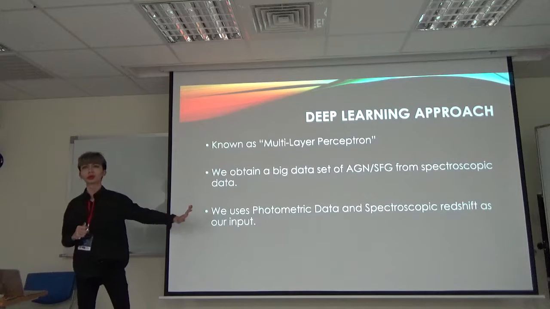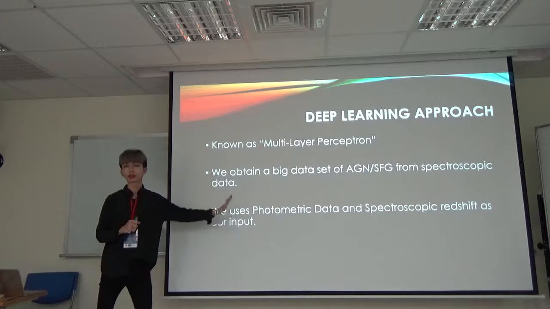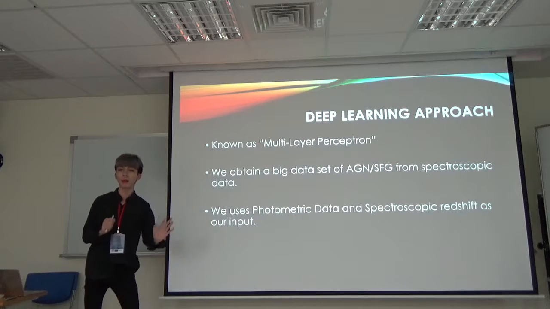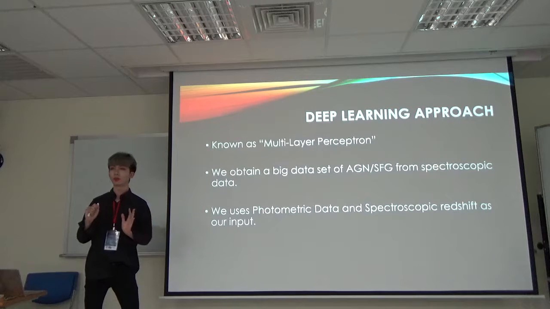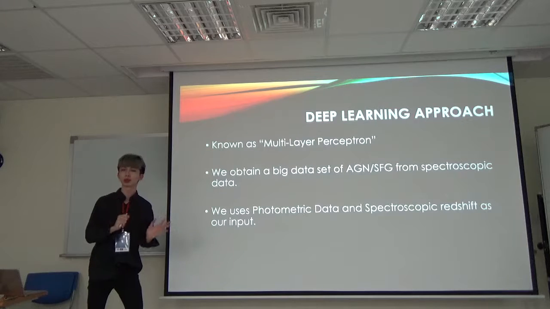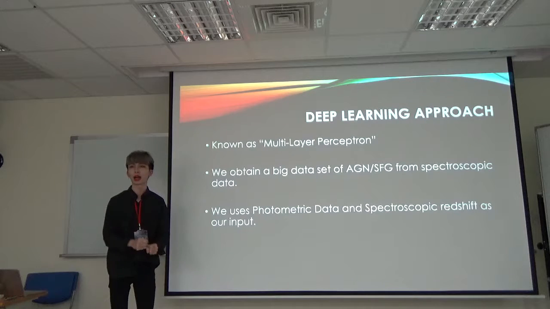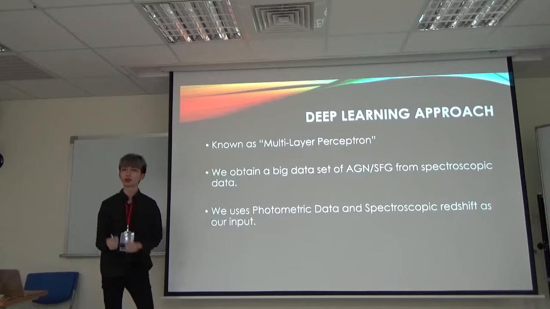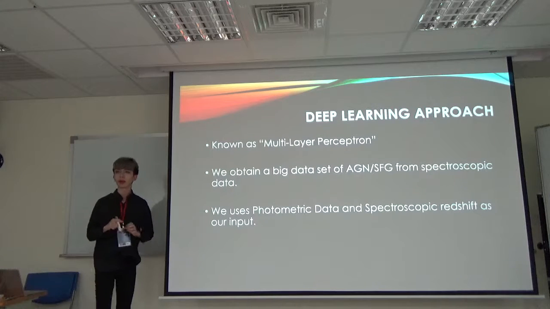We are going to train our model with spectroscopic redshifts and spectroscopically labeled samples, which means we previously used spectroscopic data to pre-classify the samples. We take these samples as our training data to train our system. So this is supervised learning.